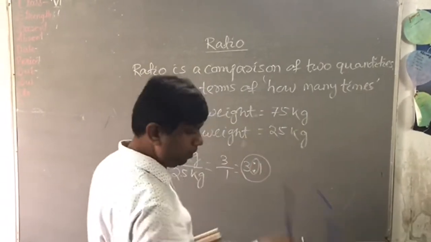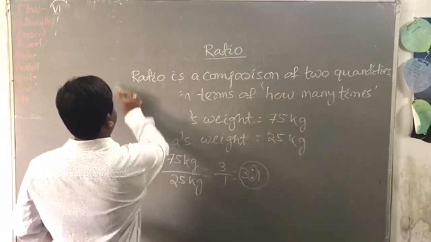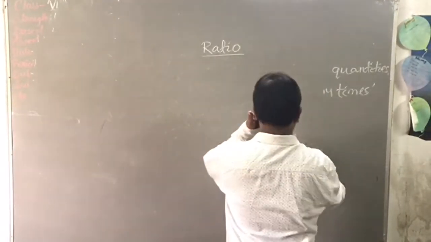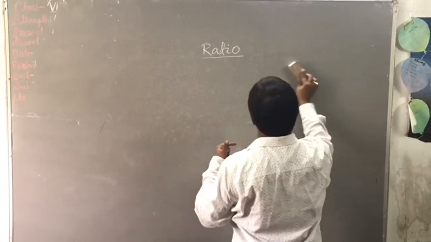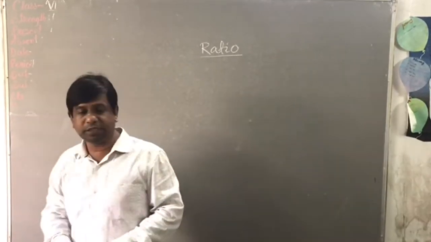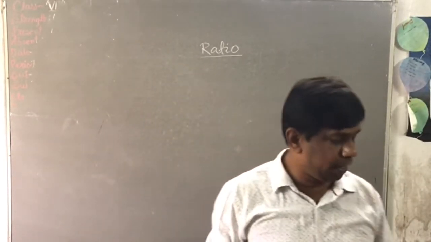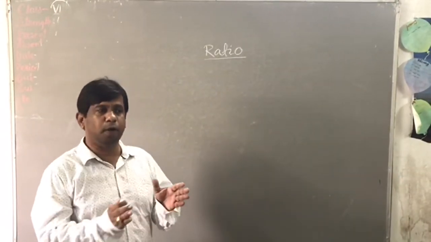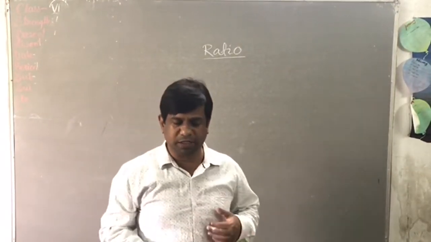Now how to represent two quantities? The quantities should be of the same kind. You cannot compare height with age. We have to compare two quantities of the same kind.